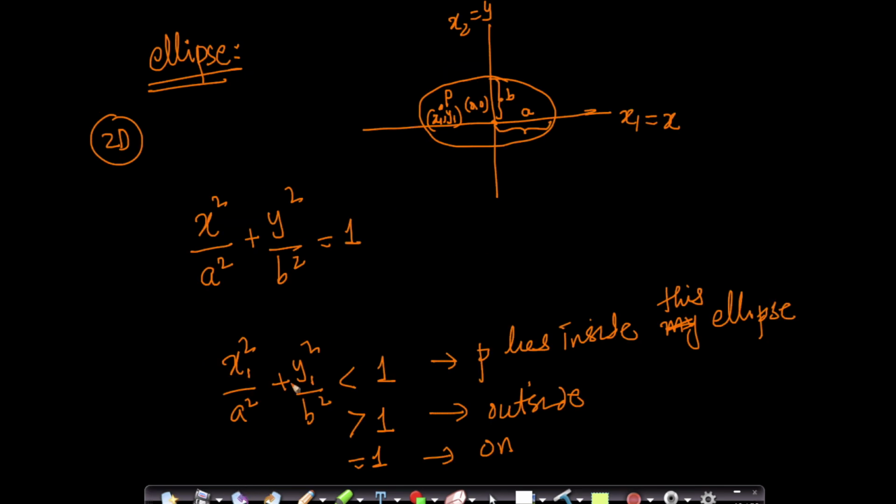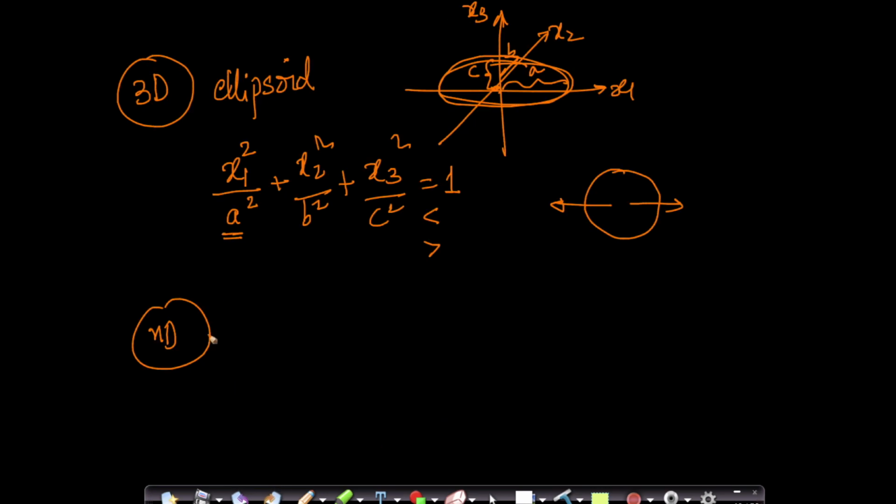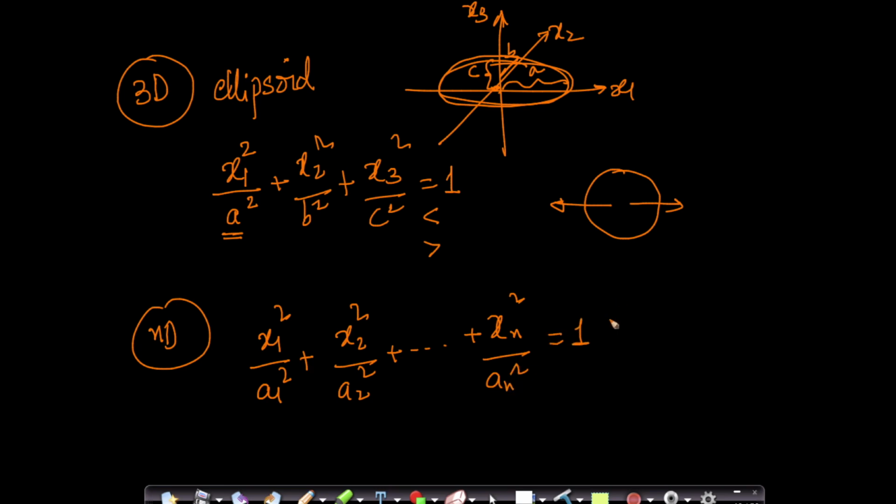Everything we're learning from 2D is very similar in idea to the circle. I'm just teaching you this concept so that you have a greater appreciation of how powerful linear algebra is. In the n-dimensional space, it's exactly the same thing. If you have n-dimensional space, you can say x1 square by a1 square plus x2 square by a2 square, and so forth, xn square by an square equals 1 for a hyperellipsoid.